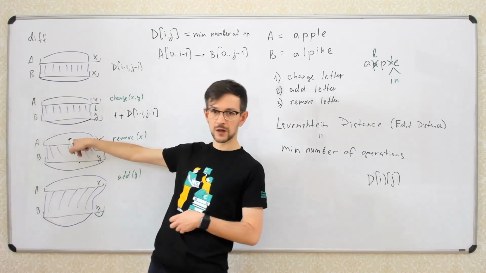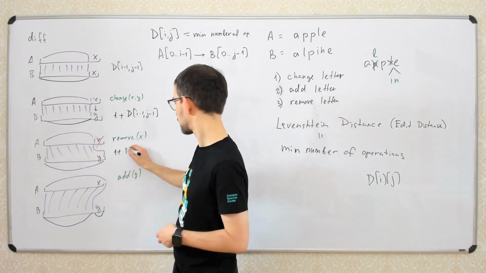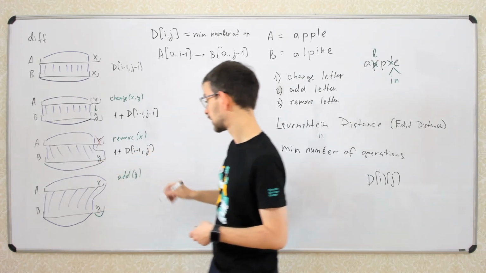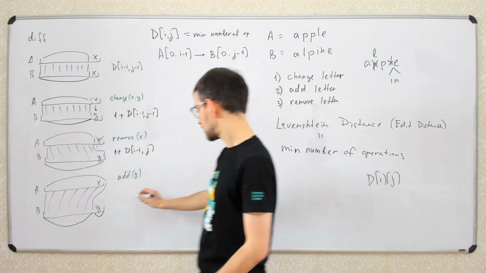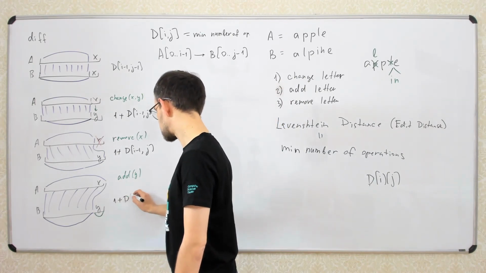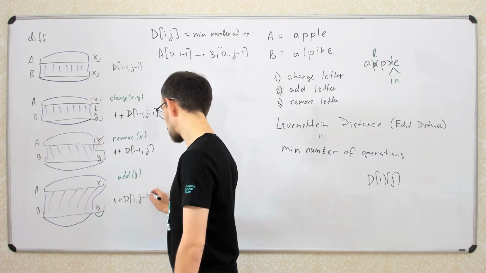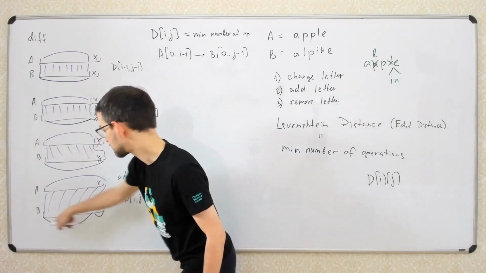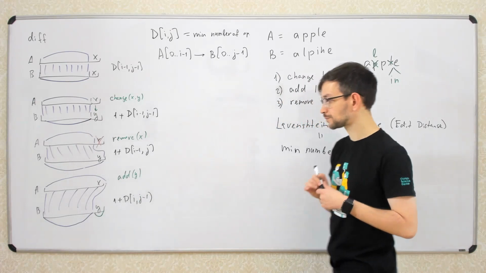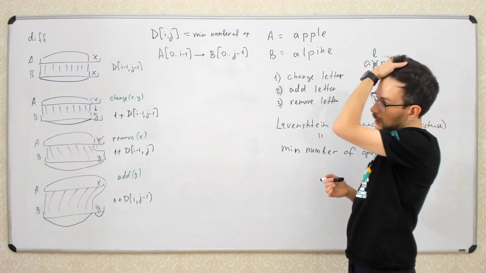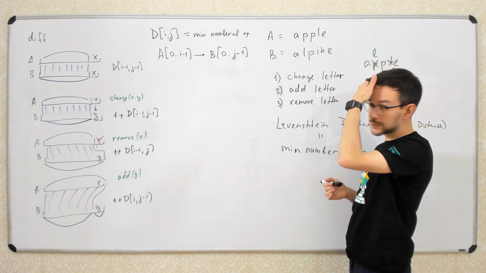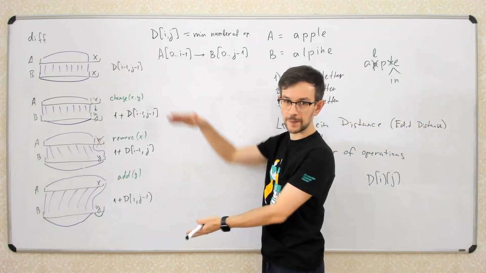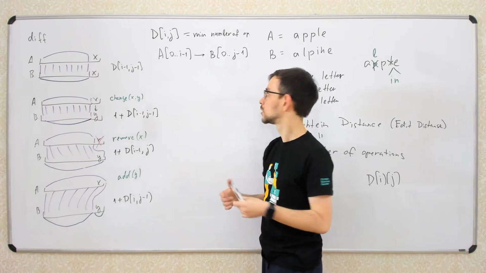This string has length I minus 1, and this string has length j. And the same here. Here we have one operation plus d of I and j minus 1. So here we have the string of size I. Here we have string of size j minus 1. That's all. So how do we calculate the answer? We just take all the options and get the minimal possible option.